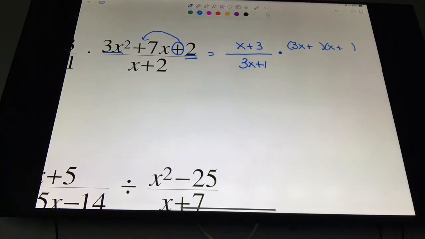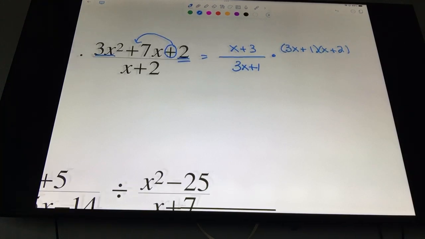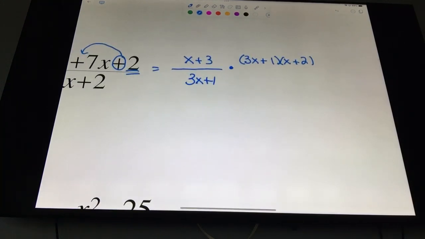And then 2 is going to be 2 times 1. Now, we do have to check to make sure we did that correctly. So remember that that means we do this. Outer times outer, positive 6. Inner times inner, positive 1. And then that matches what I want, my positive 7. So we are correct.